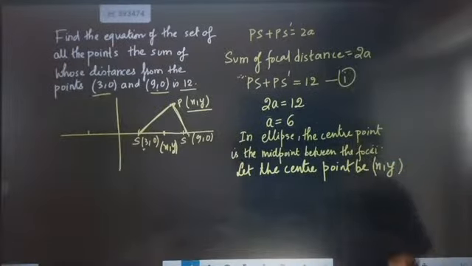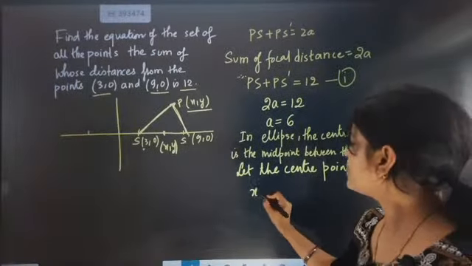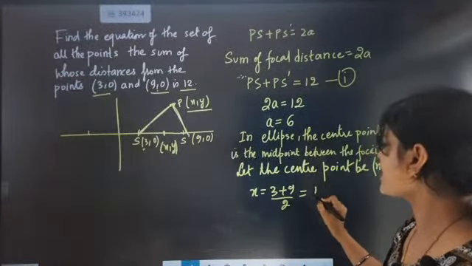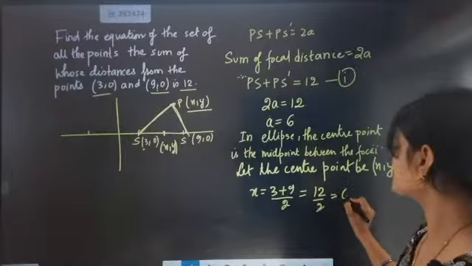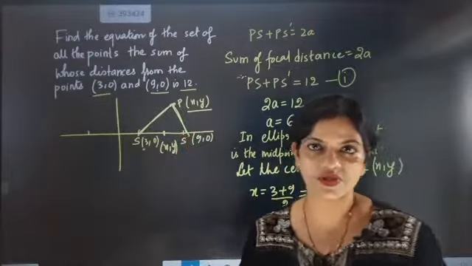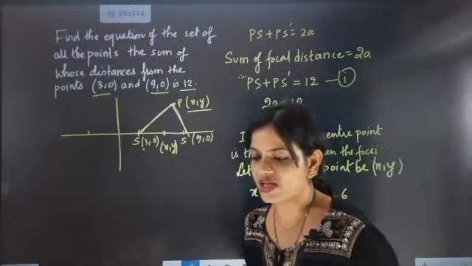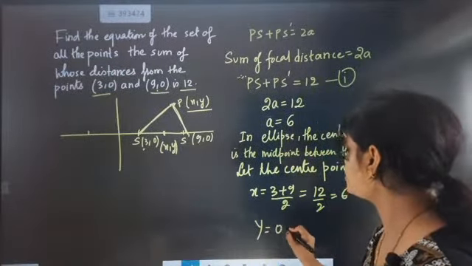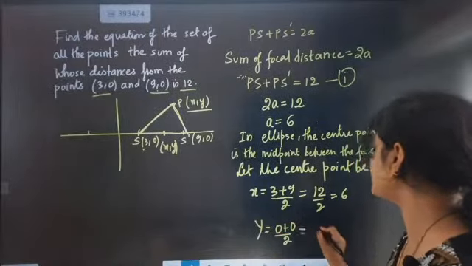So let the center point be x comma y. Now x will be equal to 3 plus 9 by 2. So x is 12 by 2, so 6. So we got the x value of the center of the ellipse as 6. Now y will be equal to 0 plus 0 divided by 2, so 0.